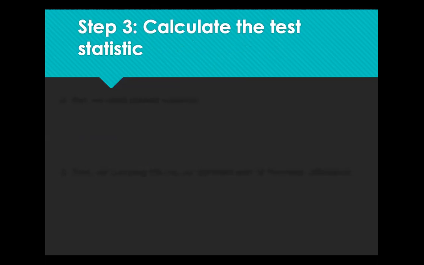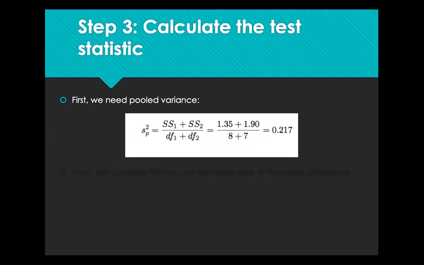Okay, calculate the t-test statistic. Now first, remember, we're going to need to use pooled variance because our sample sizes are not equal. And so we'll calculate pooled variance using the formula, plugging in the sum of squares numbers that we have and the degrees of freedom numbers that we have, and you get 0.217.